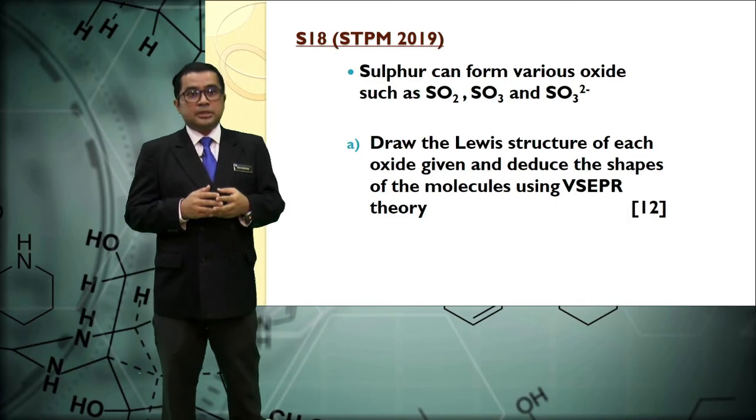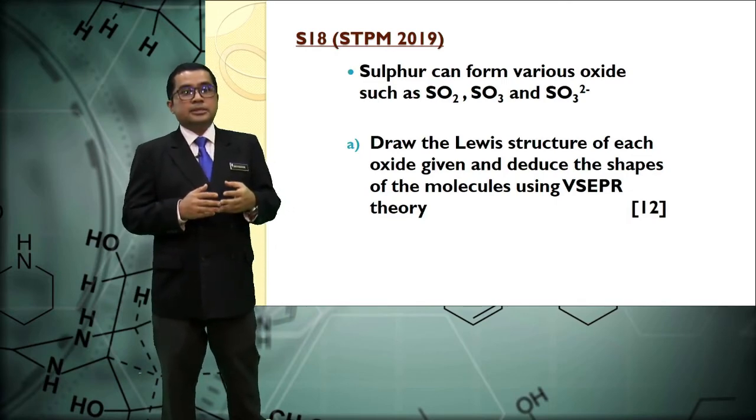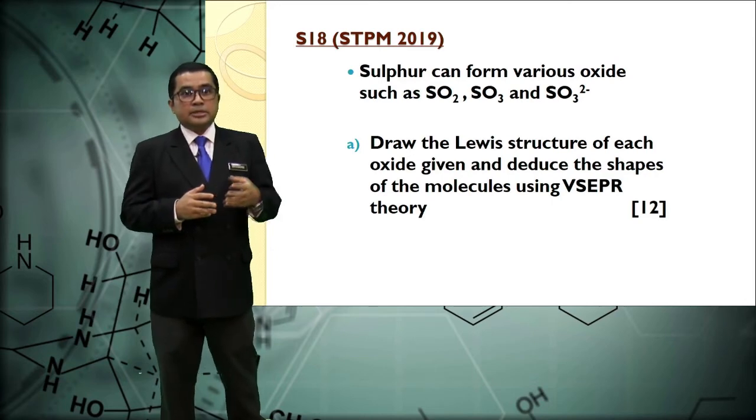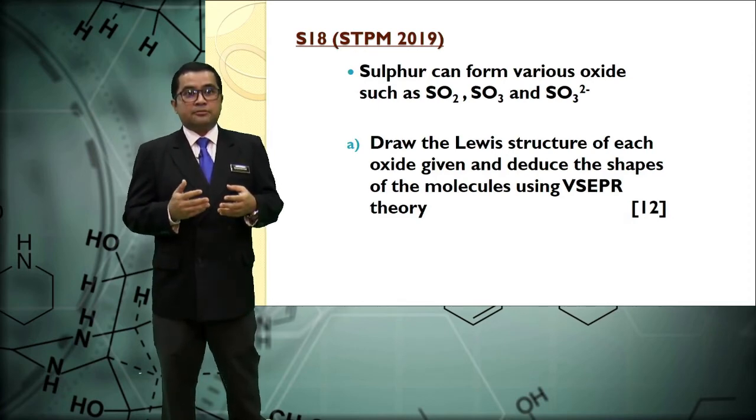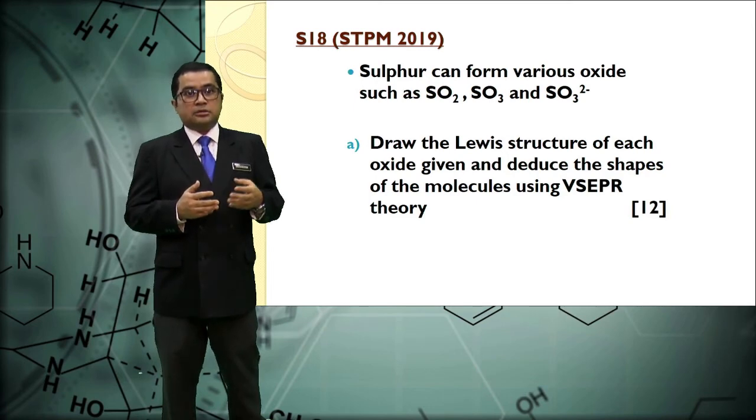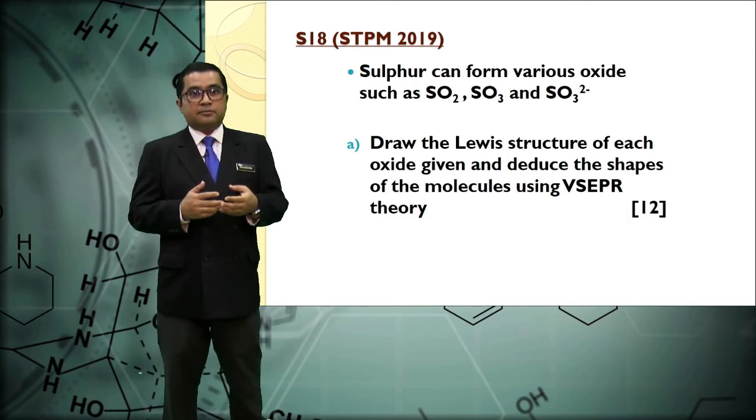You will go through the question so that you will know how to answer it. The question says: sulfur can form various oxides, for example sulfur dioxide, sulfur trioxide, and the SO3 2- or sulfite ion. That is the keyword: sulfur can form various oxides, for example SO2, SO3, and SO3 2-.